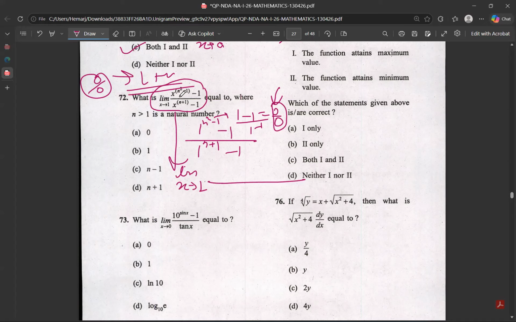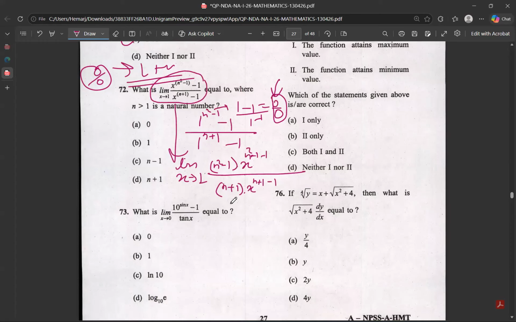So derivative of x to the power n square minus 1 will be n square minus 1 into x to the power n square minus 1 minus 1. Minus derivative of 1 is 0, so no need to write it. Further, in the denominator x to the power n plus 1, its derivative will be the power coming in front, n plus 1 into x to the power n plus 1 minus 1.